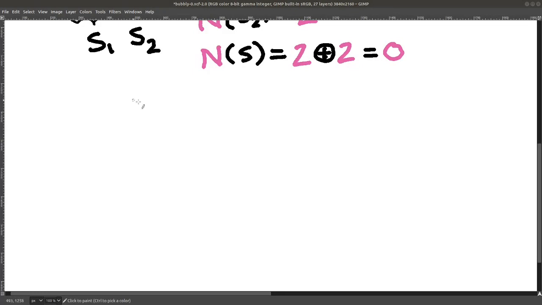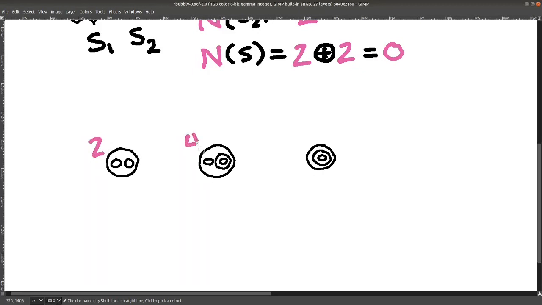I'm going to write down a couple of states that we already know the nimbers of. Okay, these two we analyzed just a minute ago. They have nimbers of 2 and 4. And this one obviously has a nimber of 3.